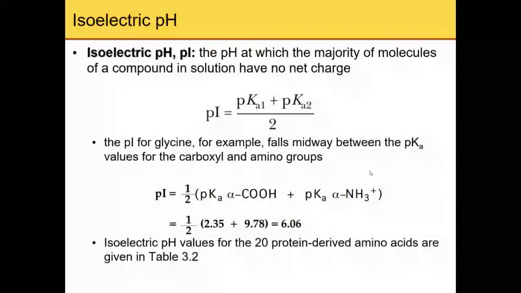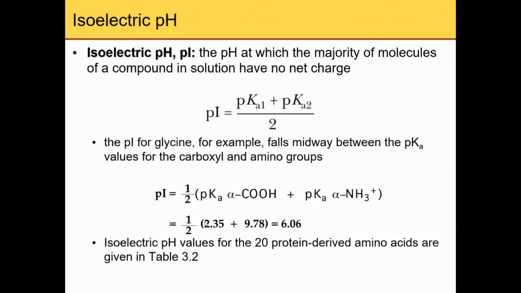That's what they did here, 2.35 and 9.78, divided by 2, 6.06. So this is the pI for glycine.